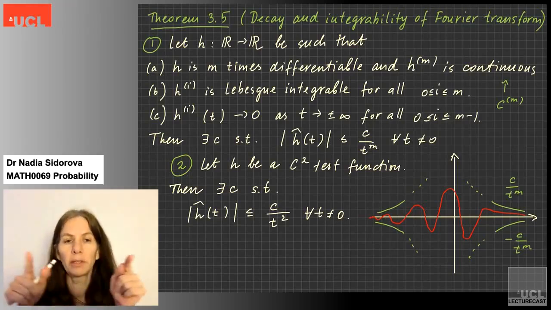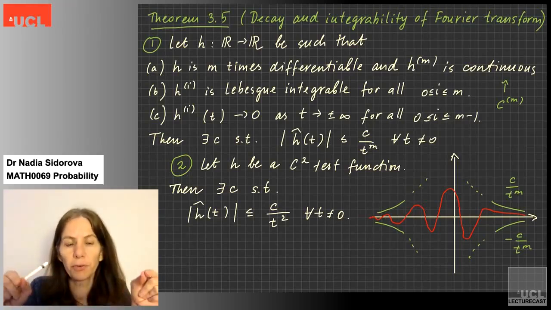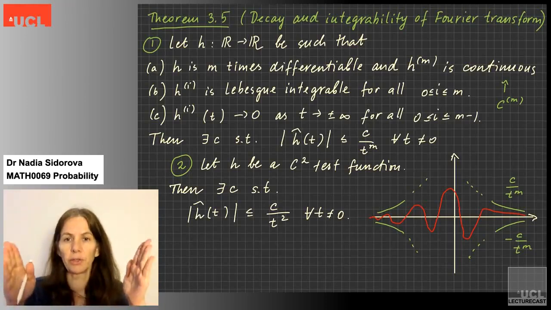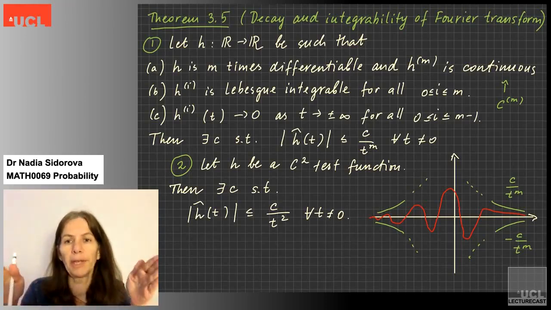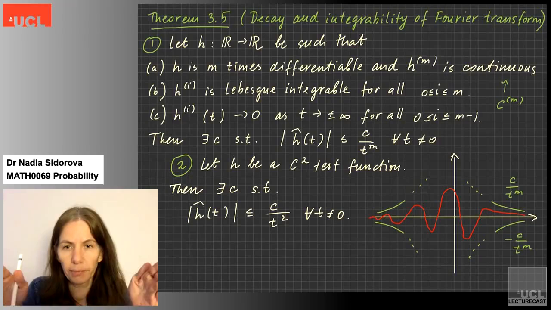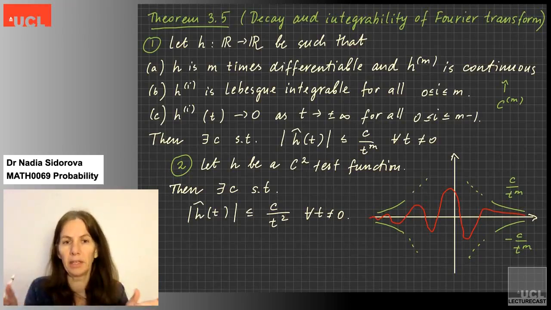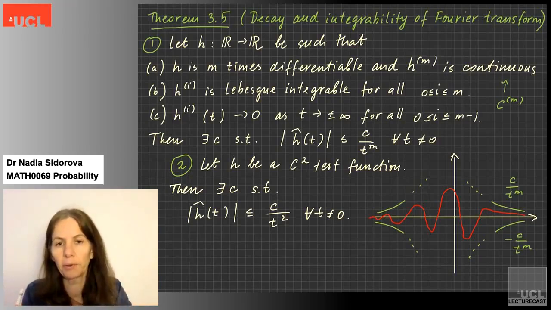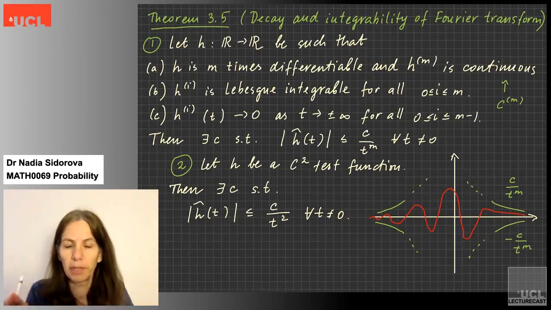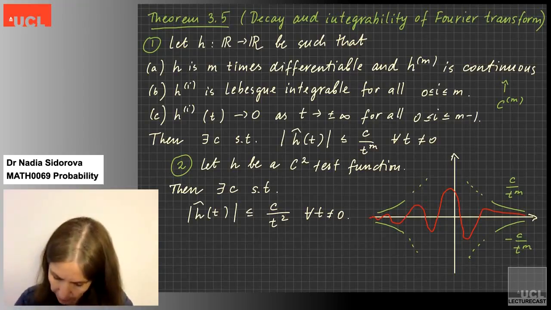Because the Fourier transform is continuous, so it's definitely integrable on any finite interval. And then at the ends, we have this bound by a constant divided by t squared, and this bound is integrable, and therefore our function will be integrable too.